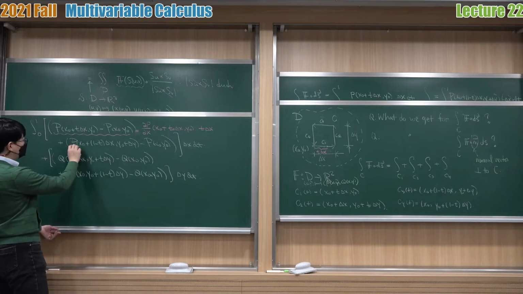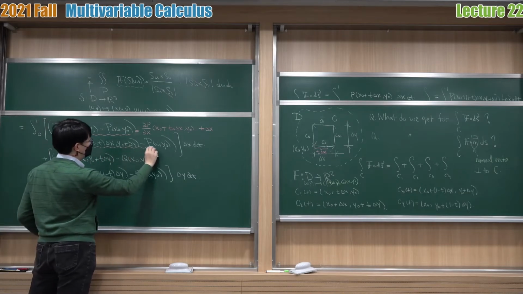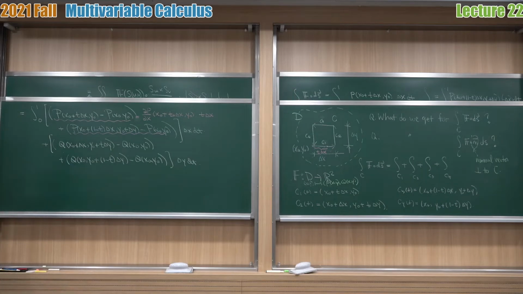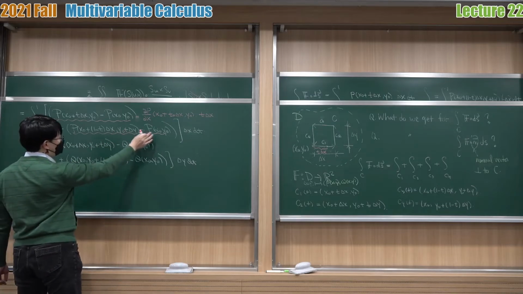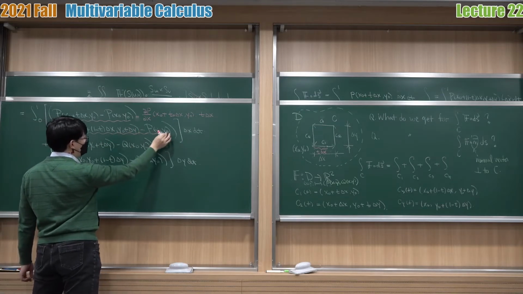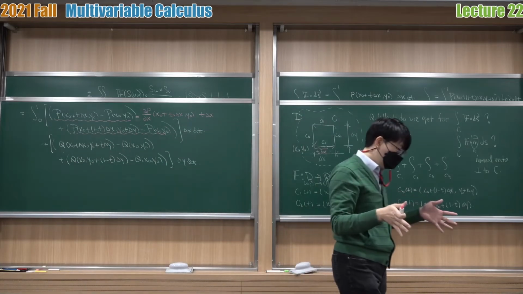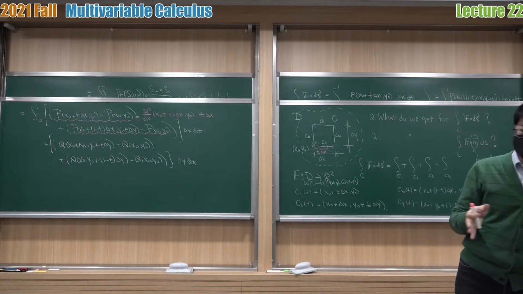And let's look at this part. I cannot use the mean value theorem right away here because I'm not fixing y. It's the same value here, but there's a way to modify the mean value theorem for a two-variable function.